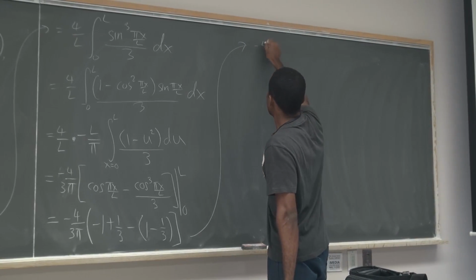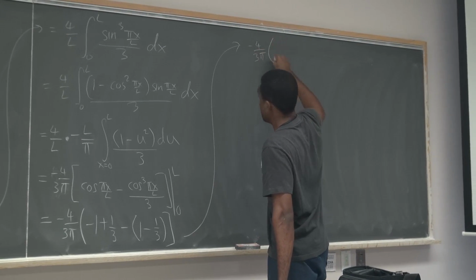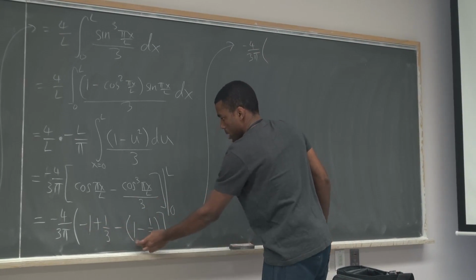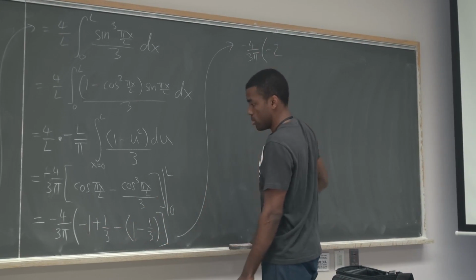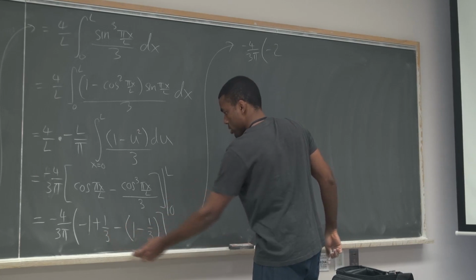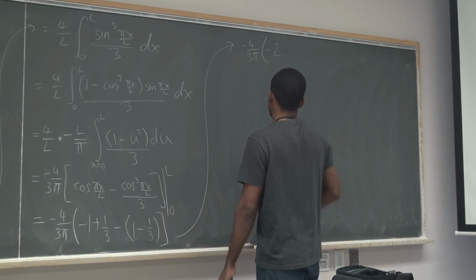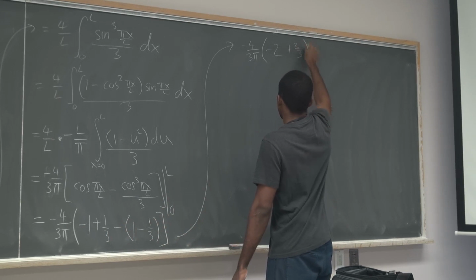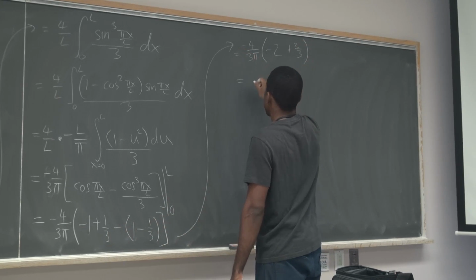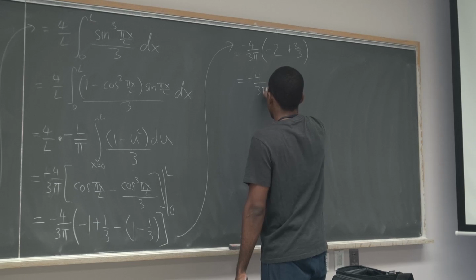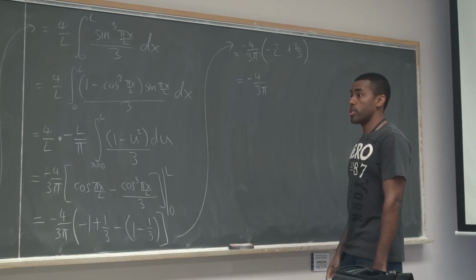So that is minus 4 over 3 pi times minus 1 minus 1, minus 2. I have plus 1/3 plus 1/3, that's plus 2/3. That's minus 2 plus 2/3.